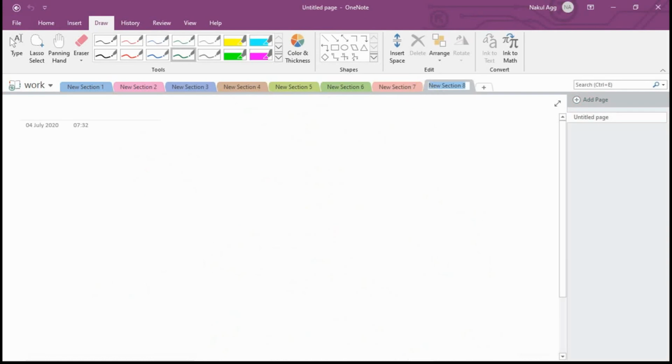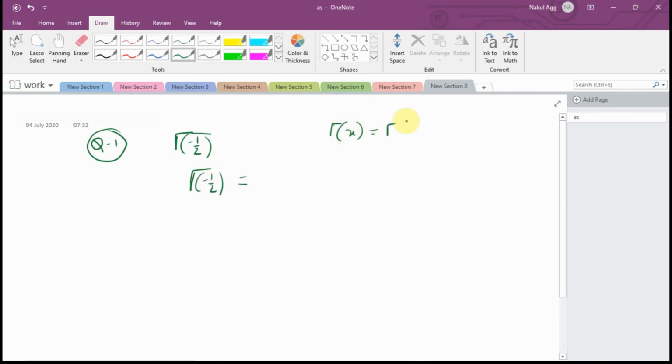In the next section, we will evaluate some simple examples based on the gamma function. So question 1, we have to evaluate gamma of minus half. This is very easy because if you apply the fundamental property, I'll rewrite it: gamma of x is equal to gamma of x plus 1 by x, provided x is not equal to 0.